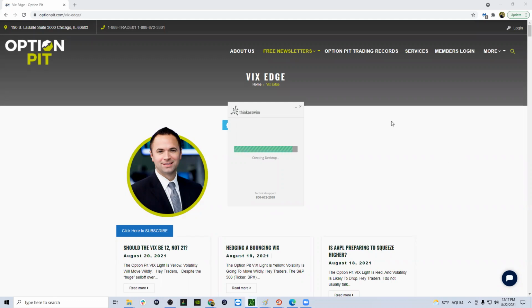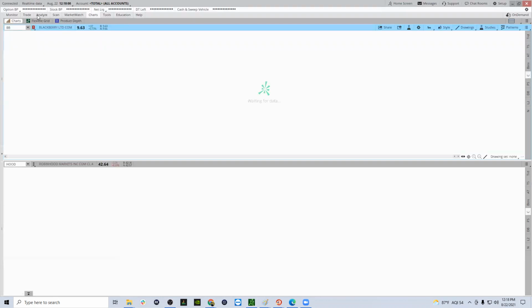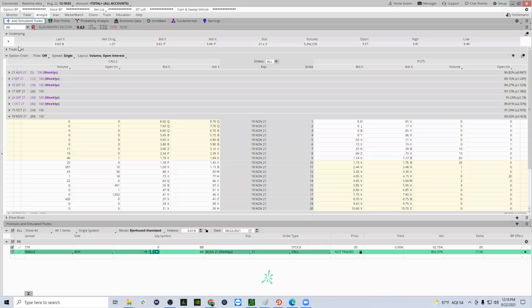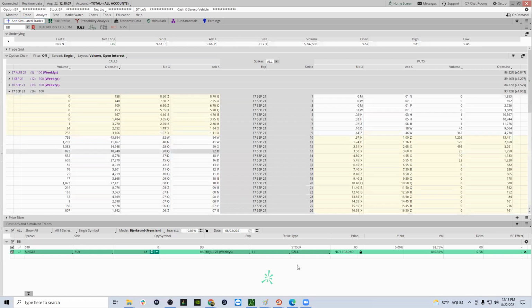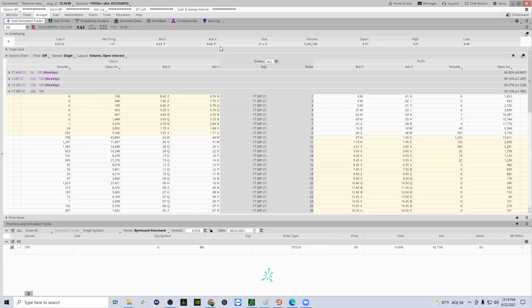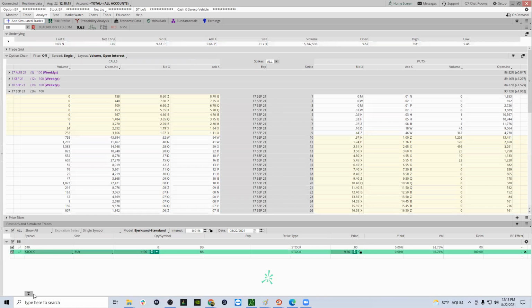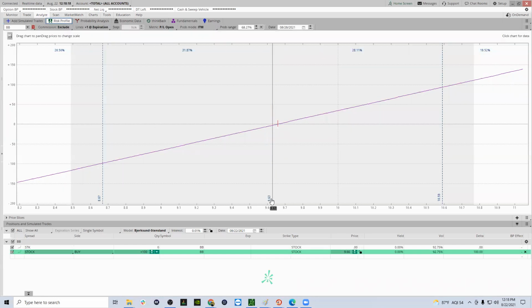It's really simple. We're going to pull up BlackBerry. BlackBerry is trading $9.63. If I buy 100 shares of stock, that is 100 deltas. How do I know it's 100 deltas? Let me show you. BlackBerry is trading 963.